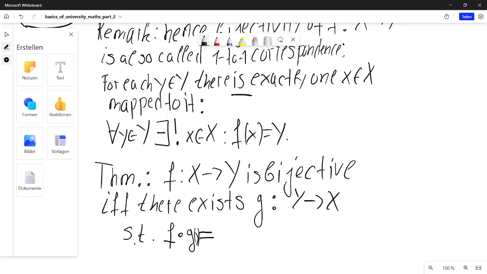First it goes by g, and it goes by f, so that should be Y, and such that this holds. Let me write it properly.